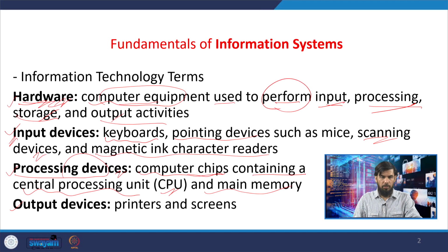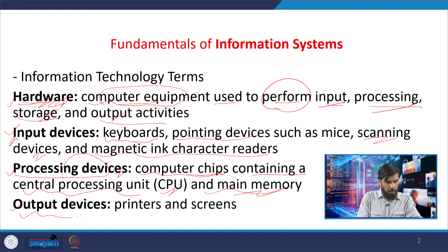The main memory is also needed, because while the CPU is working on a particular input, it might have to store a few things. That storage is supported by the main memory, used by the CPU while executing instructions.